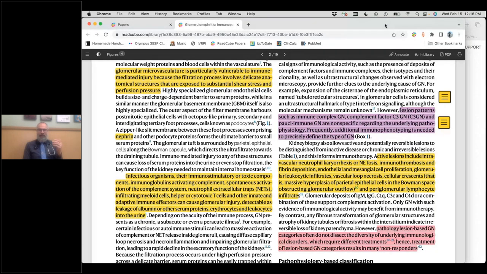So reading back through a lot of these papers that we've gone through, we've talked about, well, they didn't know that this was Tamm-Horsfall mucoprotein, or they didn't know it was this, and now we understand. Like, we're living in a time where we don't know what the causative agent of FSGS is, but we will.